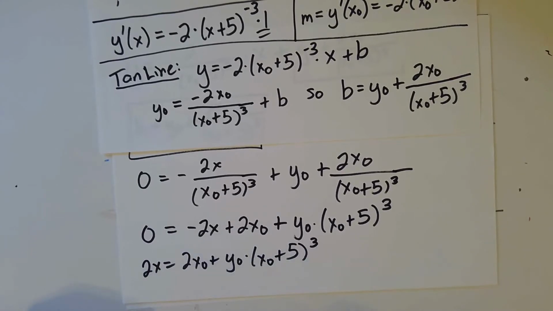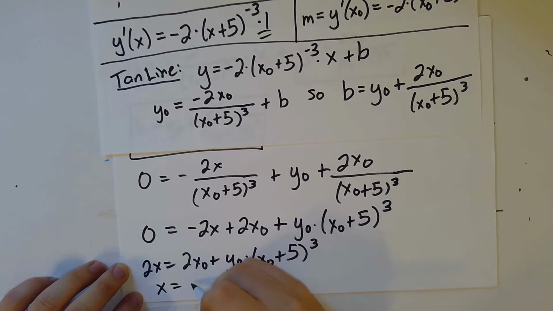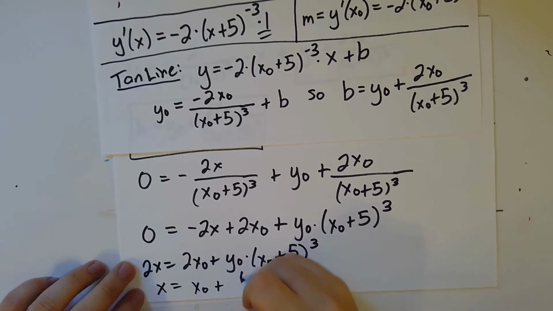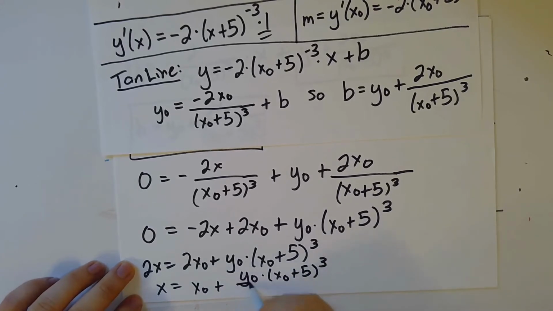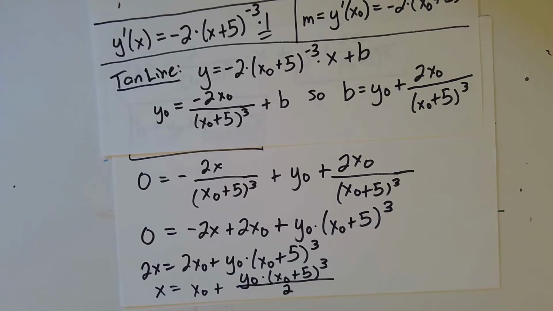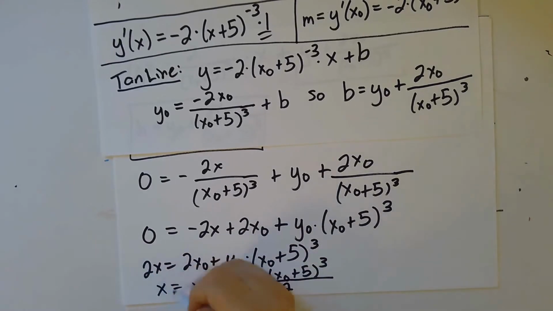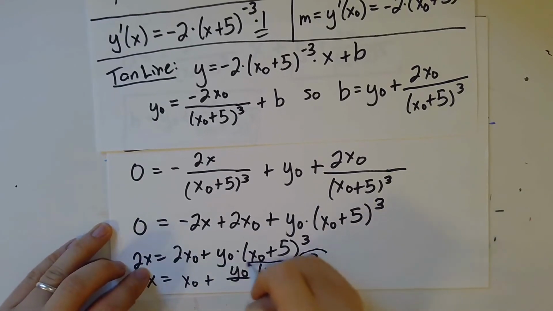Then I can divide through by 2, which gives me x is x naught plus y naught times (x naught plus 5) cubed, all divided by 2. Okay, so this is my x-intercept, which means this is the base of my triangle.